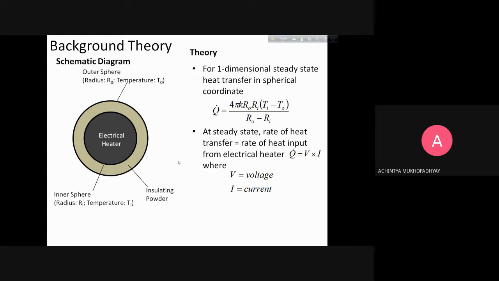If you can ensure that there is no variation in temperature in the theta and phi directions, then irrespective of the size of the sphere, identically the heat transfer will be only in the r direction. And in fact, here you don't have to make the spherical shell very big or the sphere very big.